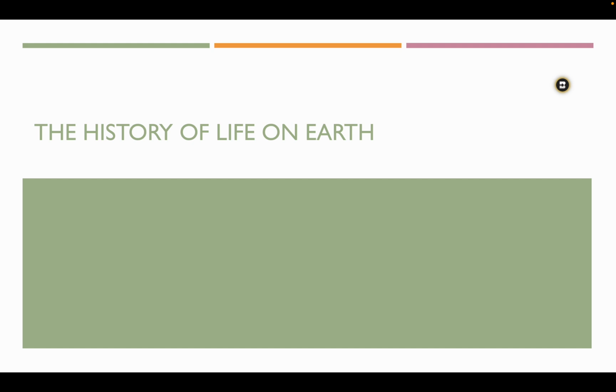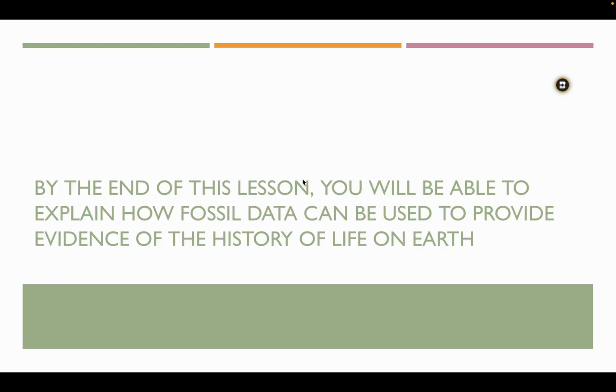So it's going to be a fairly small unit just because it's all just evidence from the history of life on Earth. So we're really just going to talk about origins, not really origins of life, but really just more the beginning of life itself. So by the end of this lesson, you will be able to explain how fossil data can be used to provide evidence of the history of life on Earth.